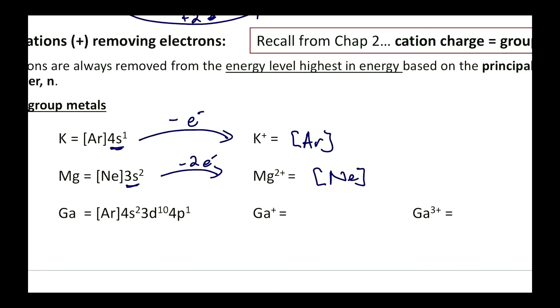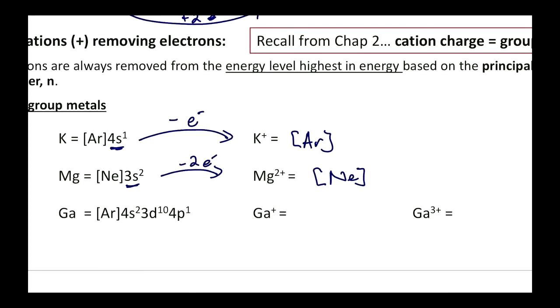All right, so gallium is one of our variable charge metals. If we're writing a name, sometimes we might say gallium(I) chloride or gallium(III) chloride, where the I or the III indicates the charge of that metal. And I want to show you why that happens.